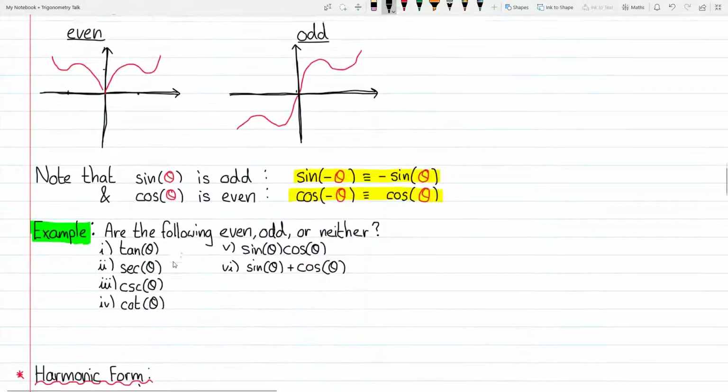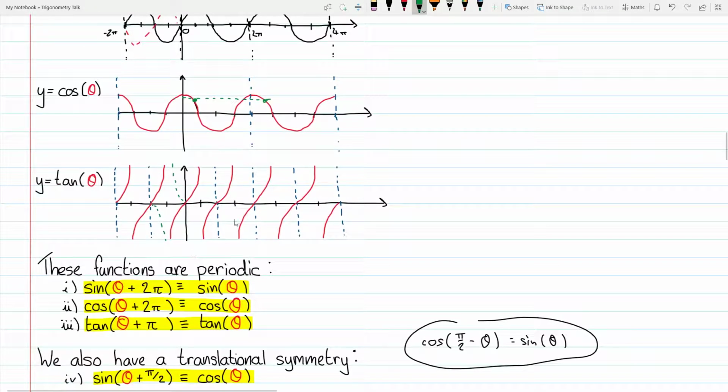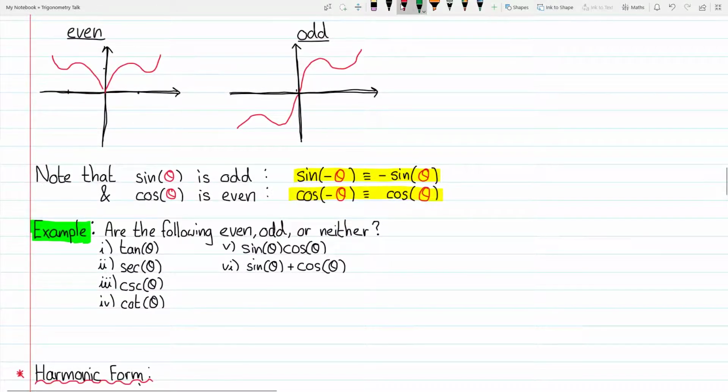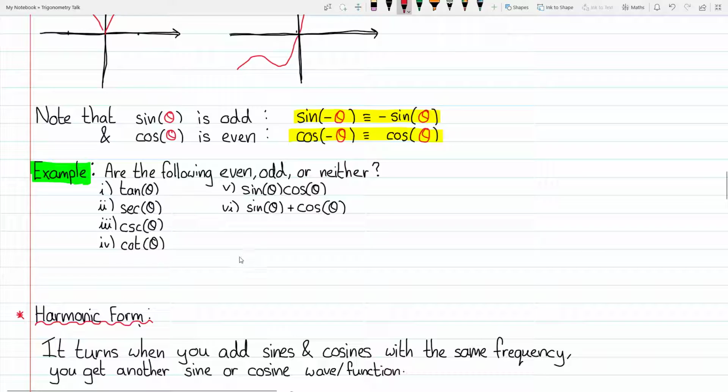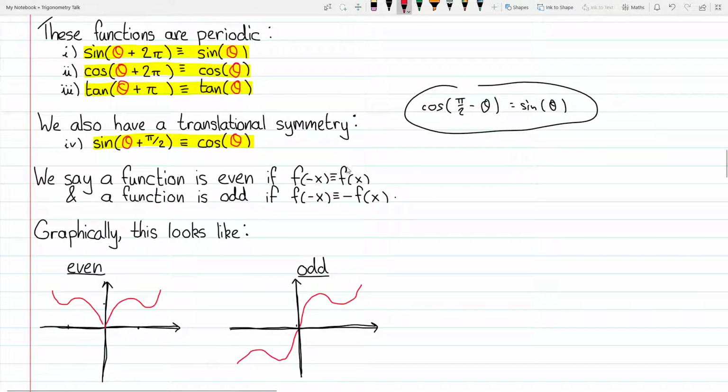Now, for tan, you can look at the graph, and again, you notice how if you reflect it once, and then if you reflect it again, you end up back on itself. So this suggests that it's odd because it has this symmetry. But another way to show it is tan of negative theta. So we're trying to show that this is either the function itself or negative the function itself.